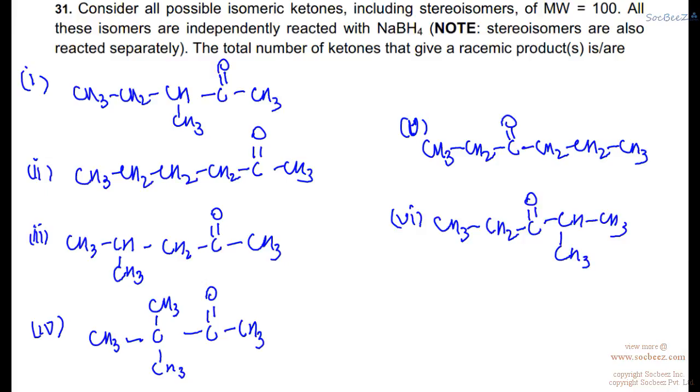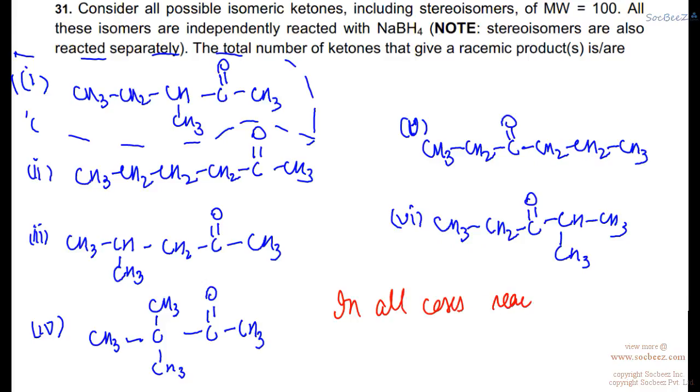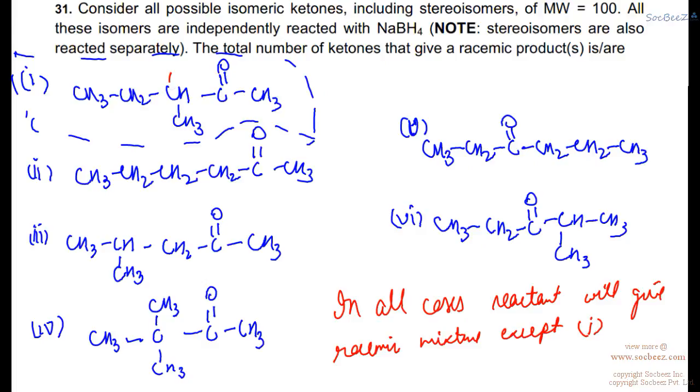So now here in all the cases, the reactant will give a racemic mixture on reduction with NaBH4 in all these except for this one. The reason is that it has a chiral carbon here.